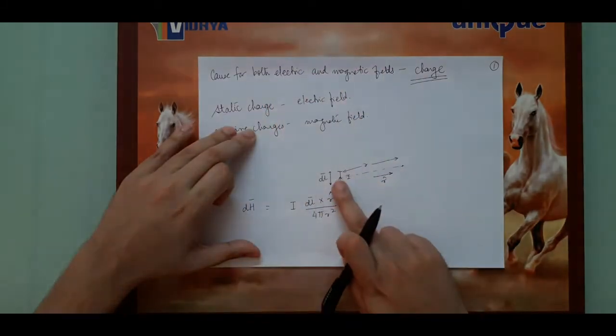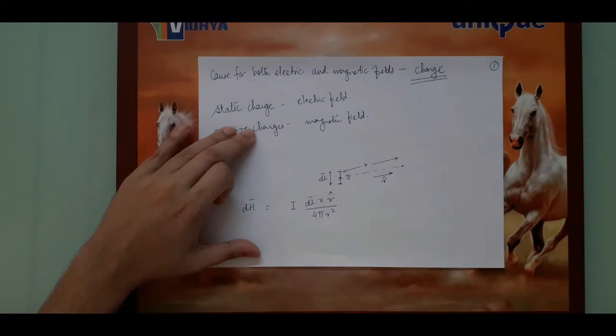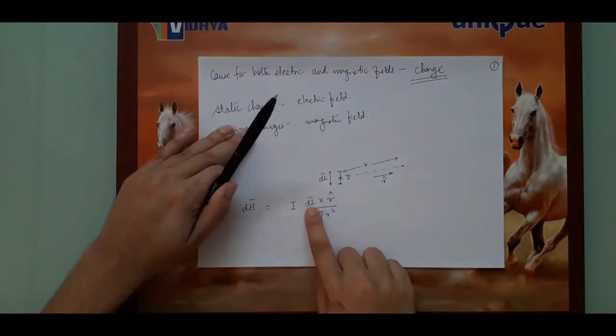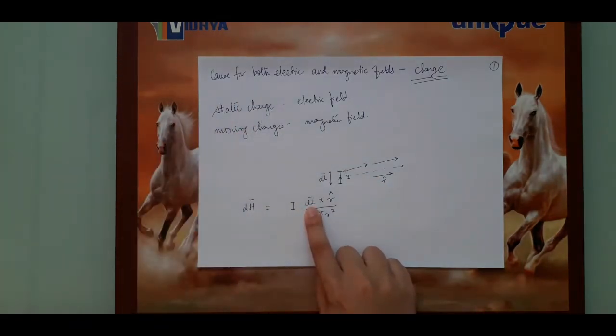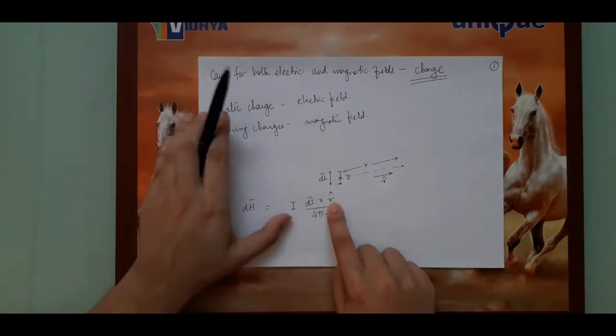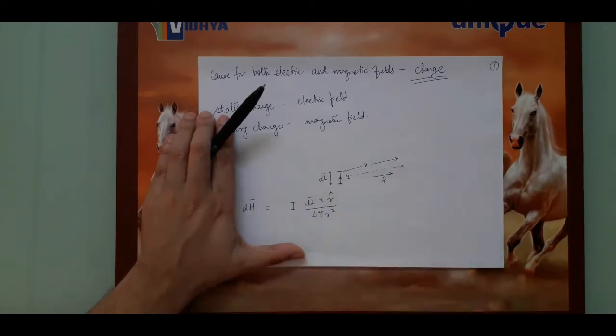Since we are taking the vector product of dl and r, the direction of the magnetic field at this point will be given using the right hand thumb rule.